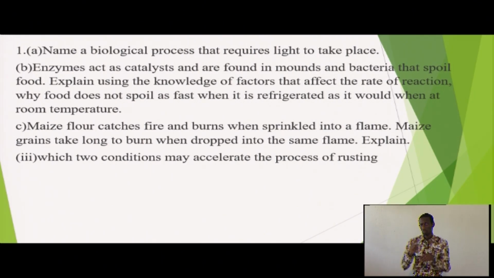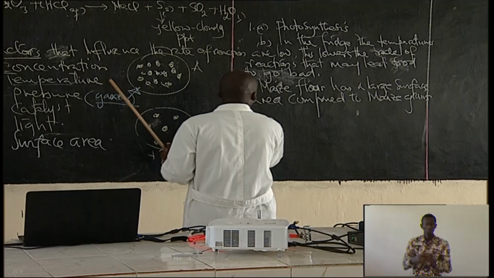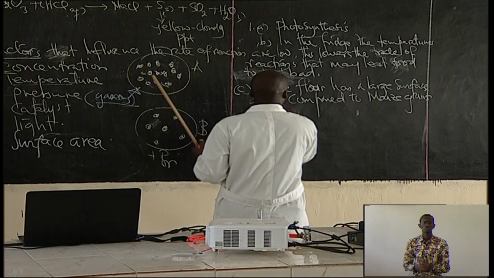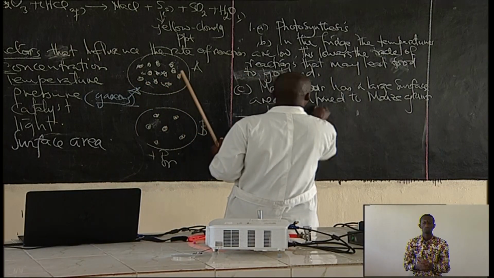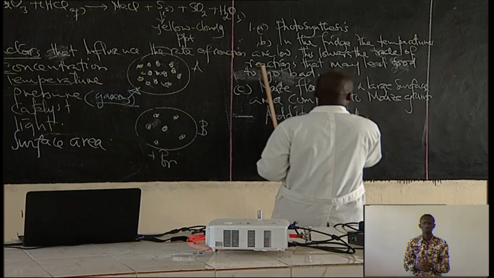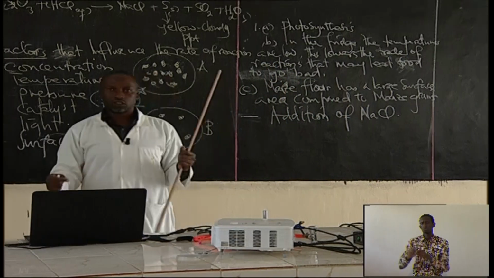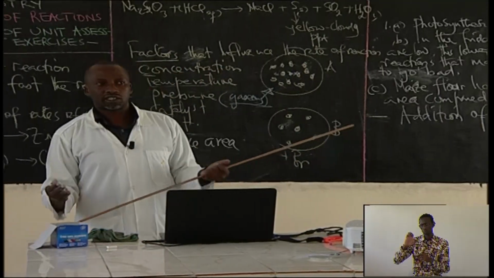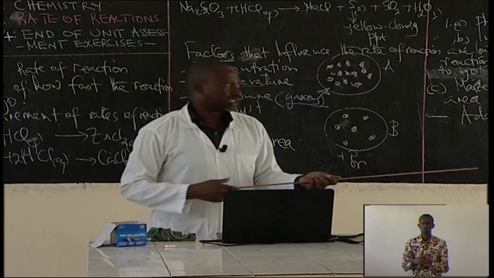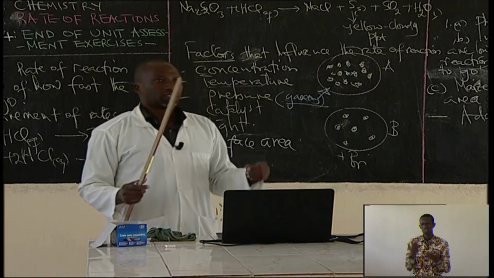The process of rusting can be accelerated by the addition of sodium chloride, that is salts. Just do it at home and see. It is just a simple experiment.